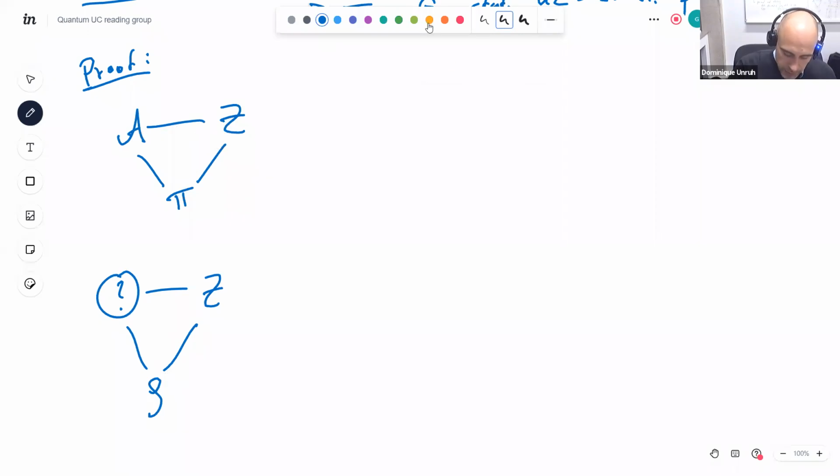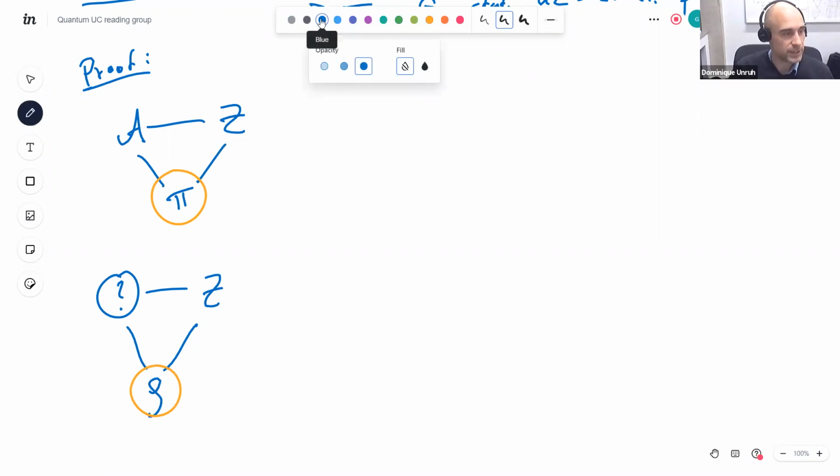So what I will do to keep things a bit more explicit is I draw an orange circle always around everything that's classical, just to keep it straight in our mind what's classical and what not.